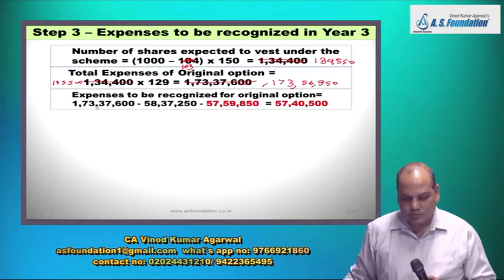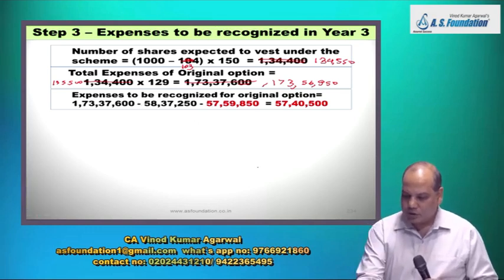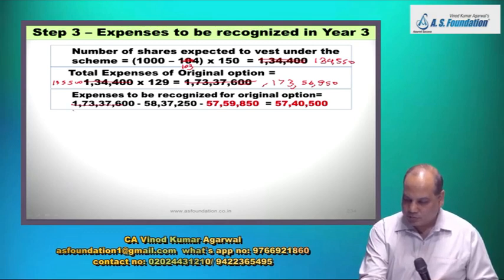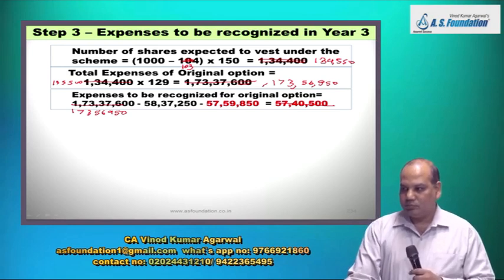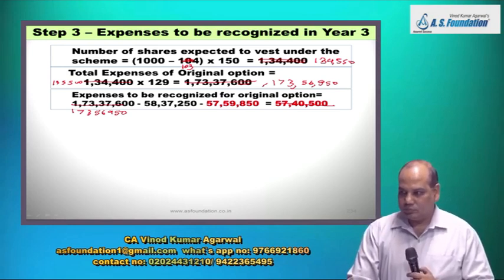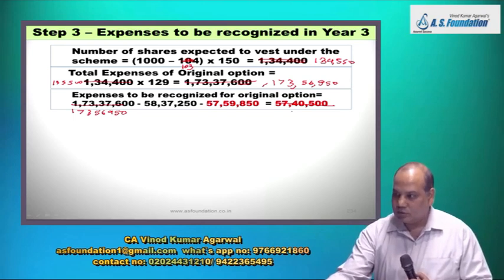And point C, write down expense to be recognized for the original option: 173,56,950 minus 58,37,250 minus 57,59,850. Final answer how much? 57,59,850.